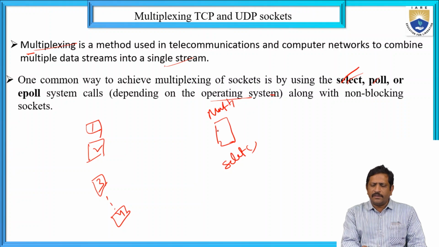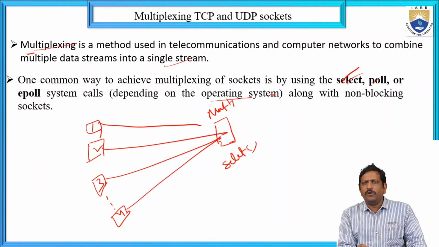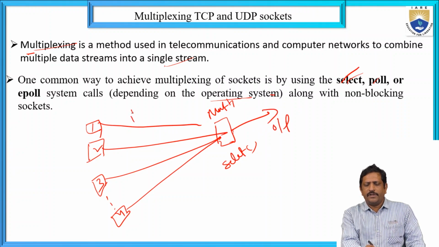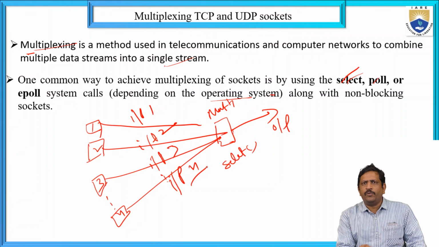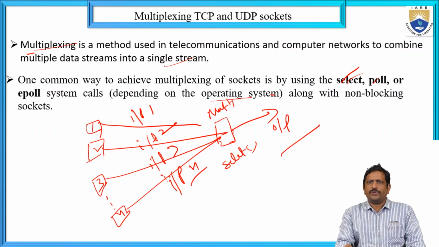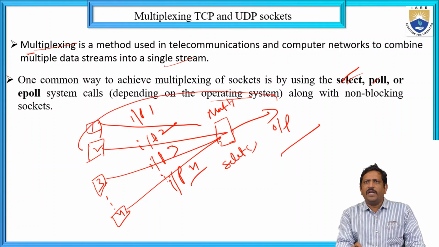The select system call selects the multiple inputs from multiple devices into a single stream, which produces a single output. The inputs are multiple inputs: input 1, input 2 and input 3 up to input n. Selecting n inputs and producing a single output is the meaning of multiplexing.